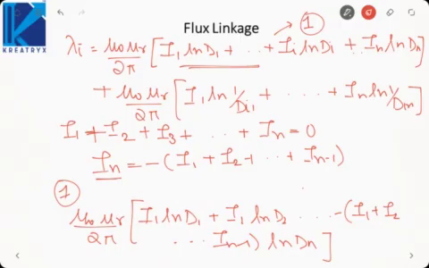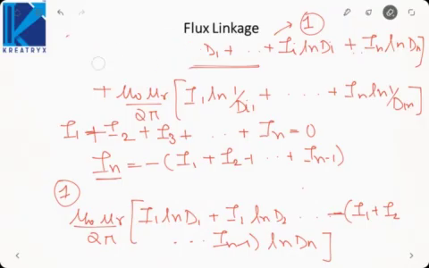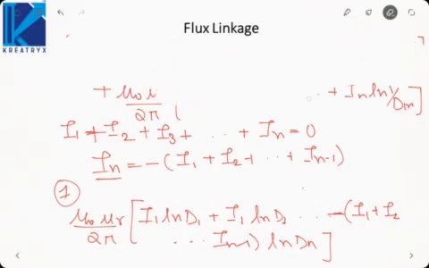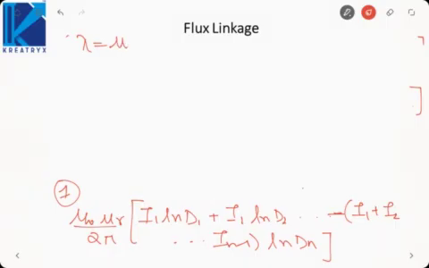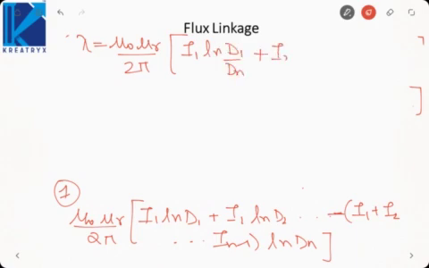One is ln d1, one is ln dn, but both are in subtraction. So collect the I1 terms. Since both are in subtraction, the log will become the ratio. This will go on up to In minus 1 ln dn minus 1 by dn.